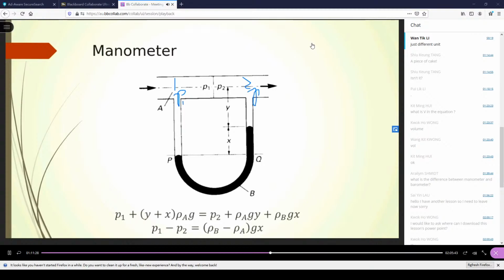You have a heavier liquid B, usually a liquid, and then you have fluid A. Fluid A can be gas or liquid, but of course liquid B has a higher density, otherwise you create trouble. So we apply our hydrostatic equation straight away. Easy. And we look at the pressure balance along PQ.